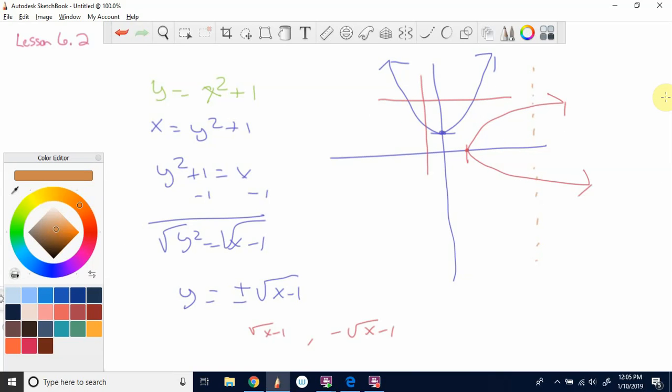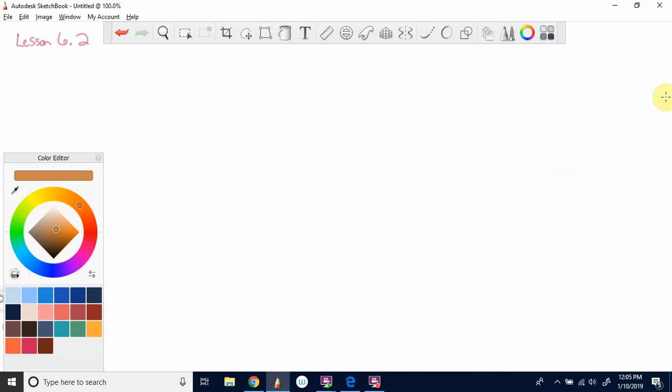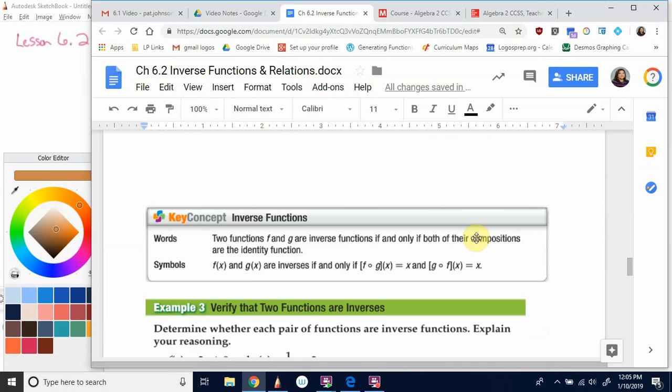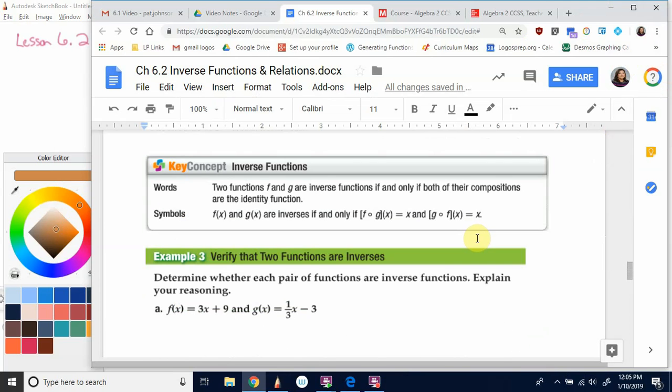So stop this and do the guided practice. And there's one more thing that we have to do here. Example 3, our inverse function. So let's look at that key concept box. It says this is another characteristic of an inverse function.